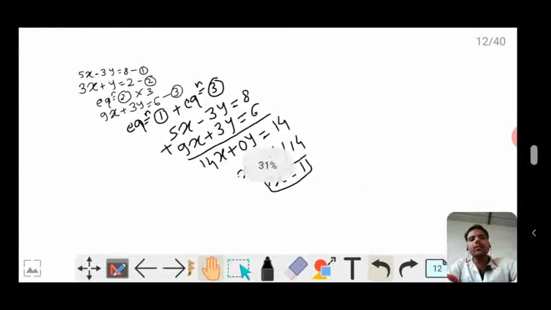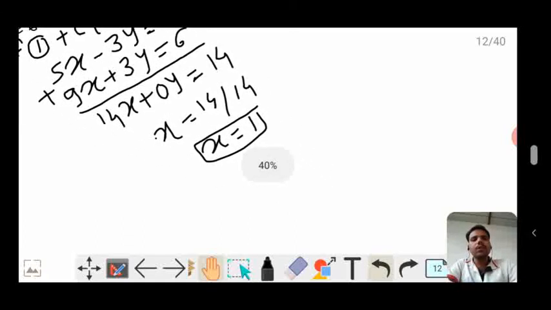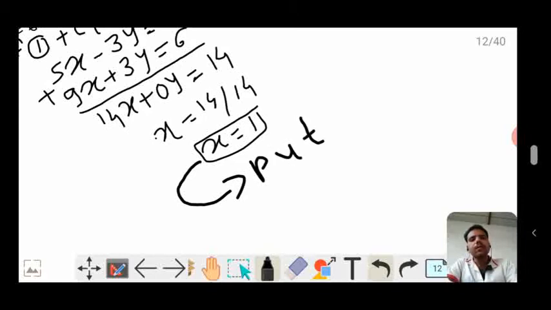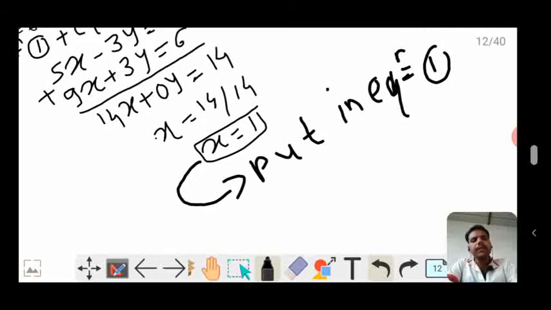By putting this value of x into equation 1, or any other equation from above, we get the value of the variable y. So let's put it in equation 1 to get the value of y.